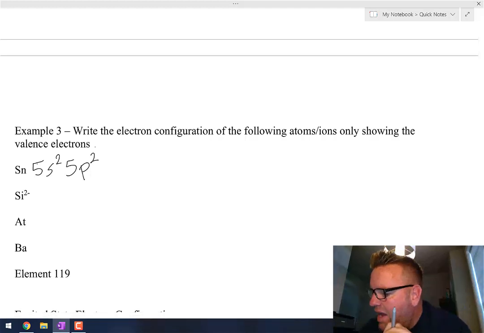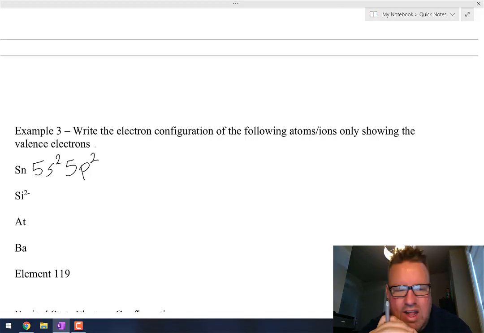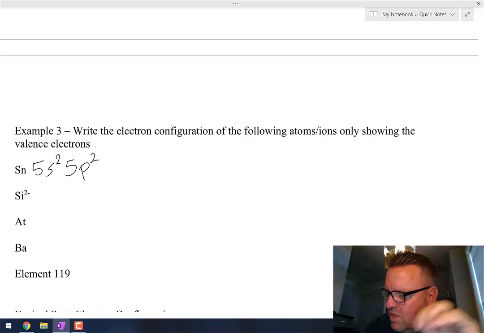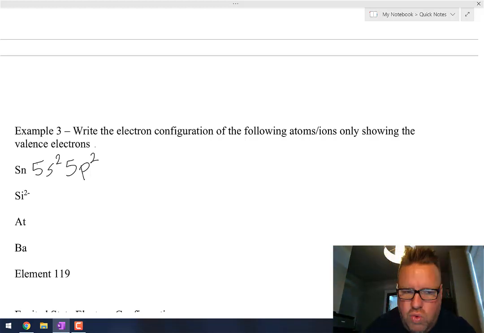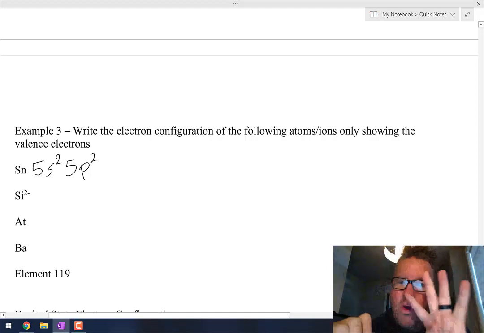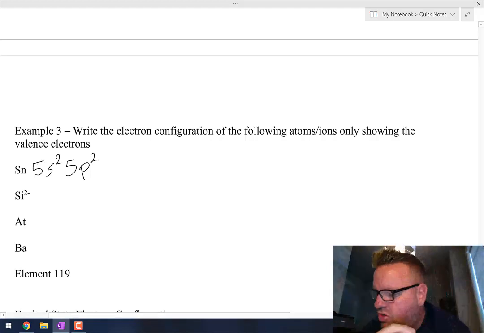Okay, Si2 minus. So now we have an element that has a charge. So again, regular silicon would be 1s2, 2s2, 2p6, 3s2, 3p2. But with a -2 charge, it's going to be 3p4, right? With a -2, you add 2 electrons.